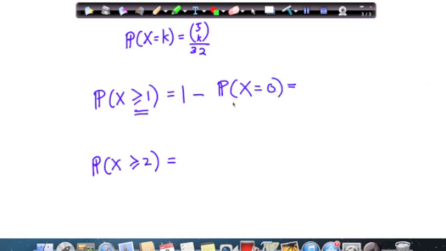This probability can be computed using the formula we had previously. So this is 1 minus 5 choose 0 over 32, which will give us 1 minus 1 over 32, which is 31 over 32.